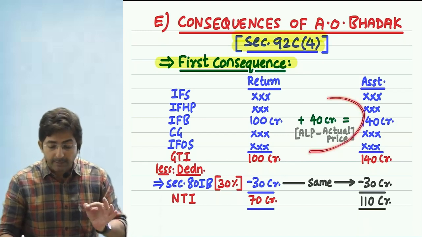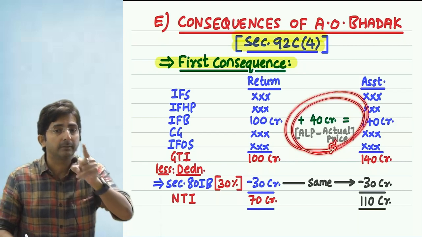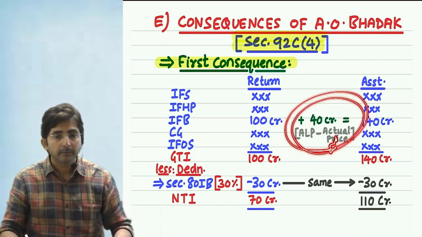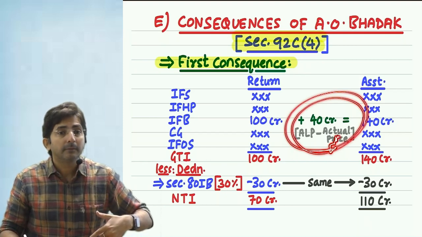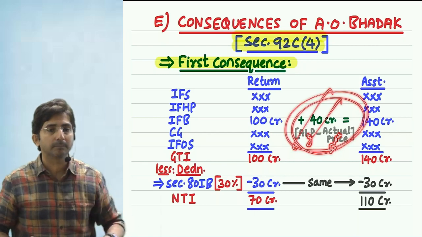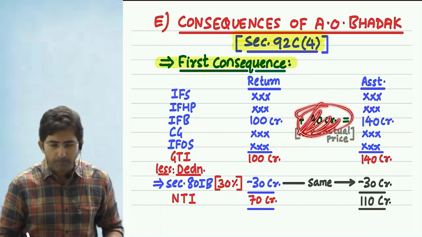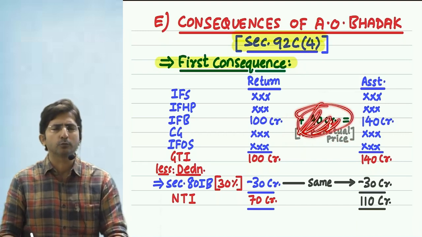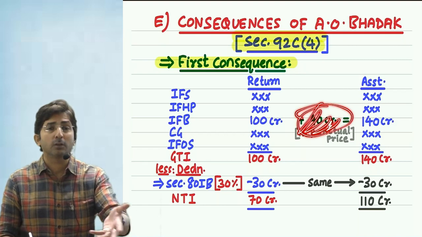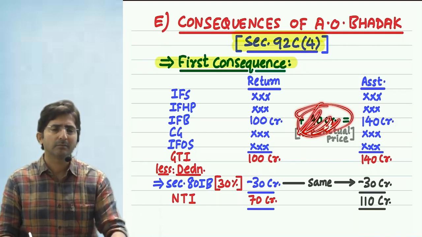When an ALP dispute is there, the threat is that if your income increases because of ALP, that extra amount will not get deduction. So if you understood, tell me, if this 40 crores was not because of an ALP dispute, but from some general dispute, like some expenditure was in cash which AO disallowed, then what?